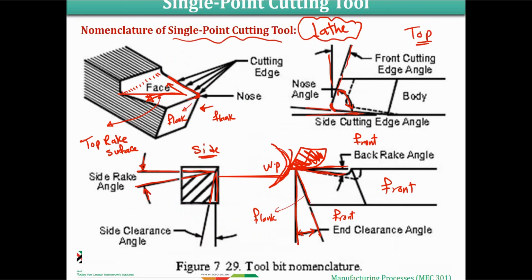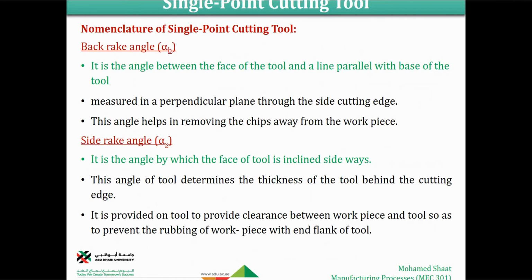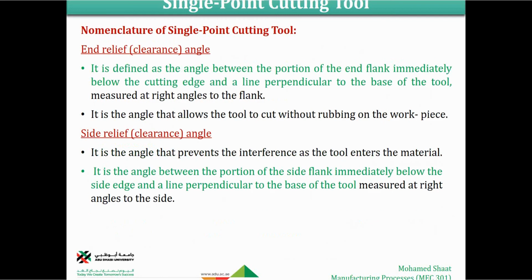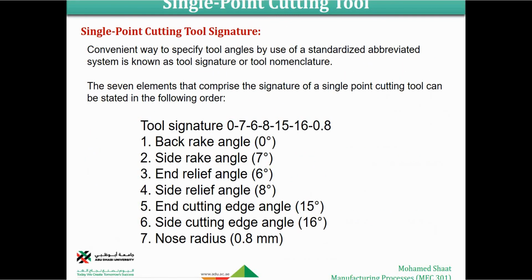So this is the tool that is commonly used for the turning operation, and these are some text explanations about these cutting edges or cutting angles that we already defined. And this is basically known as the tool signature. What distinguishes one tool from another tool is these numbers and their order.